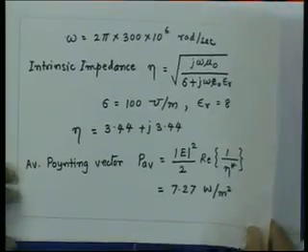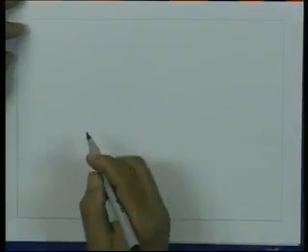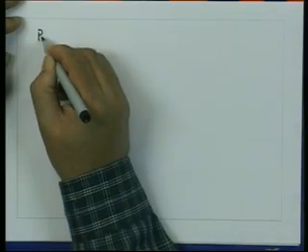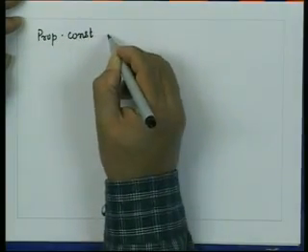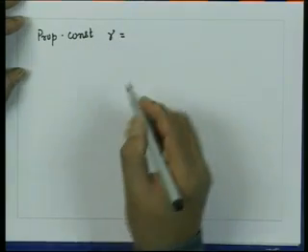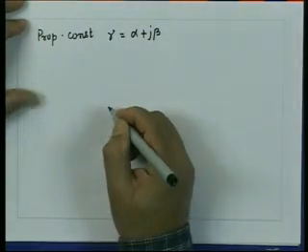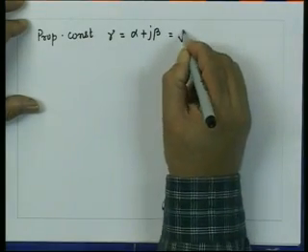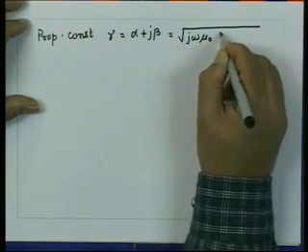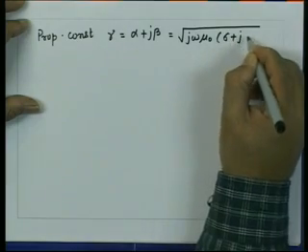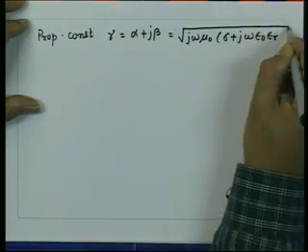To find now the electric field at a distance of 1 centimeter, we require the propagation constant gamma, which is alpha plus j beta, and that is equal to square root of j omega mu 0 times sigma plus j omega epsilon 0 epsilon r.